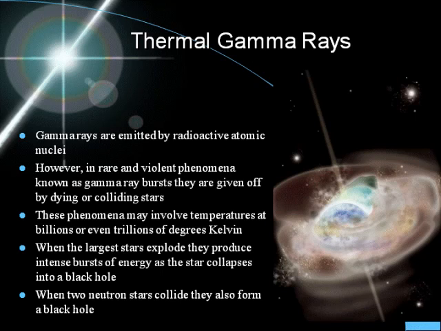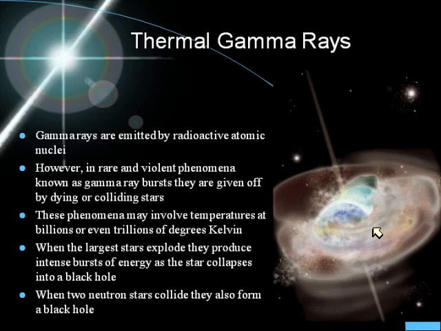However, in extremely rare cataclysmic events, such as what's shown here, two neutron stars merging, you can have a tremendous release of energy. And again, temperatures involving billions or even trillions of degrees Kelvin.